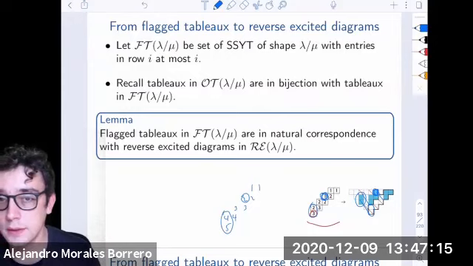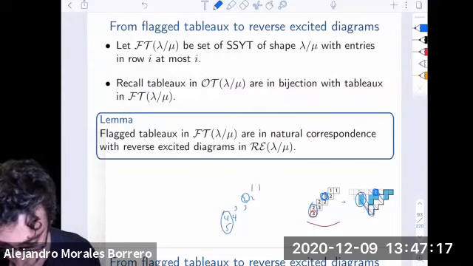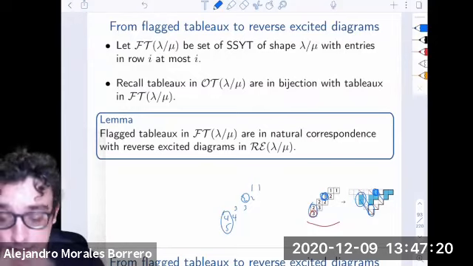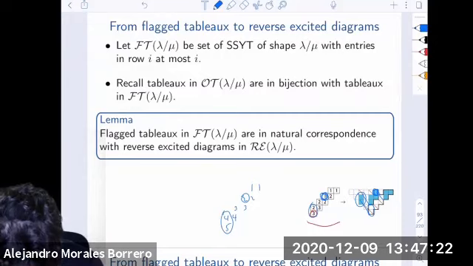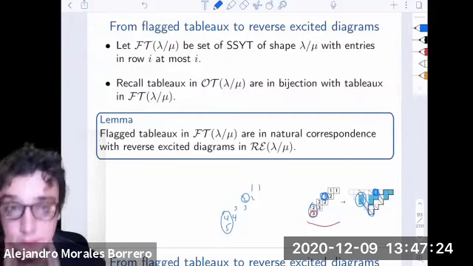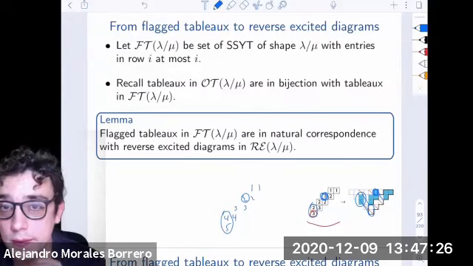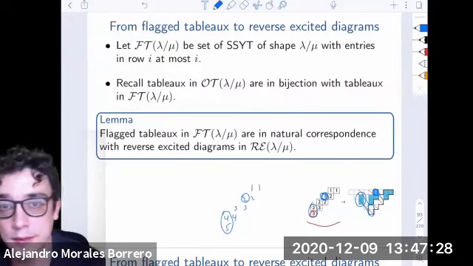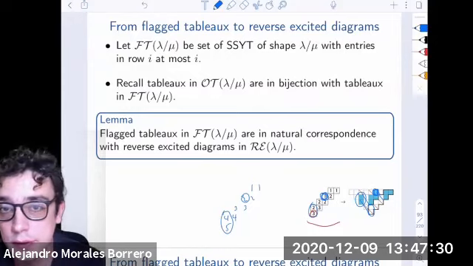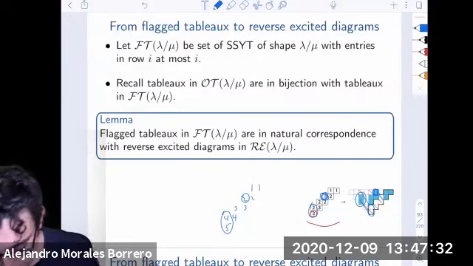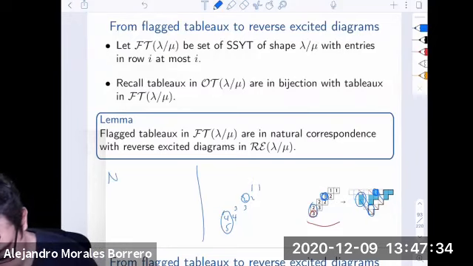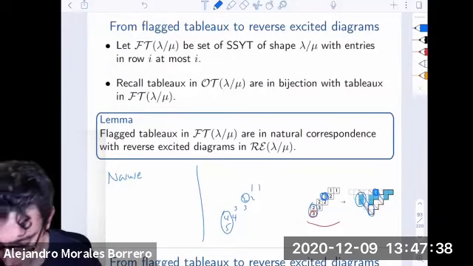Alejandro, yes? Sorry to interrupt, but I just have one question. Correct me if I'm wrong, but with the Naruse formula, the number of excited diagrams, not the reverse one, is also enumerated by the flag tableau. Yeah, absolutely. So does that mean that they are in one-to-one correspondence now? No, so in Naruse, let me go to the next slide to explain that.